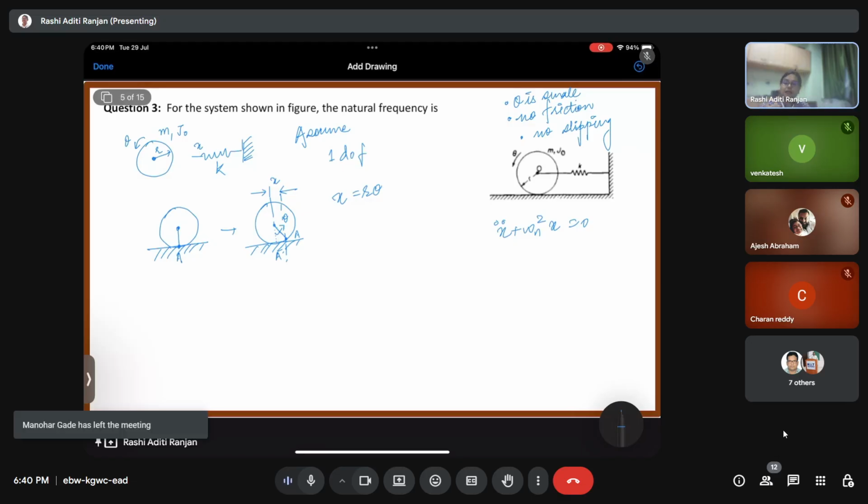Now, in order to find the equation of motion, there are various ways. We can use Newton's law, force balance: summation of all the forces is equal to mass into acceleration.